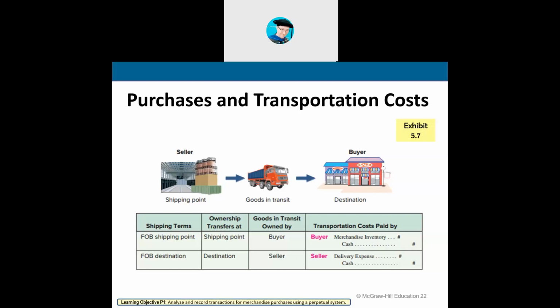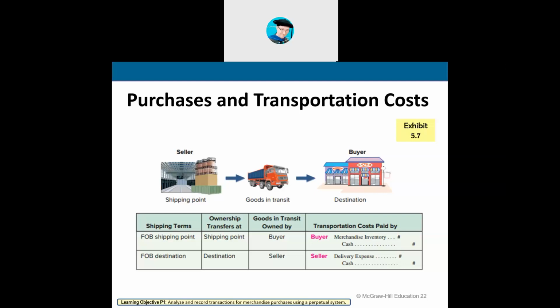The total cost of inventory means the original purchase price of inventory plus the cost of getting it to us plus the cost of insurance, if there's insurance, plus whatever, right? The total cost of the inventory. That's merchandise inventory. We credit cash.